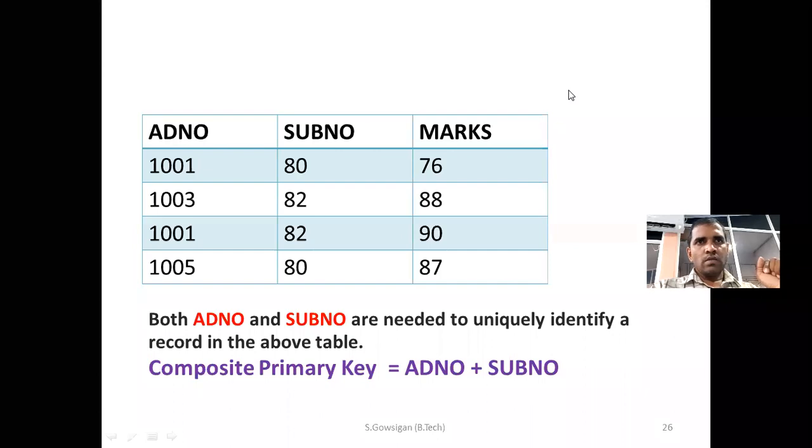This is very important for your exams, and whenever you want to study database, you should understand the primary keys, composite primary keys and even foreign keys clearly, right? I couldn't explain the foreign key today, but definitely later I have to take some time and explain the foreign key along with these 2 keys.